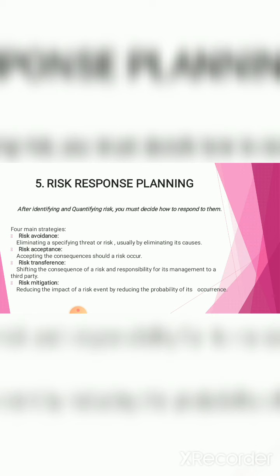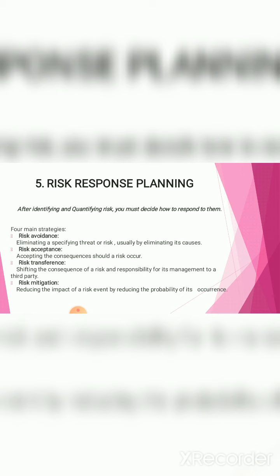Four main strategies. What are the four main strategies? Number first, risk avoidance. Number second, risk acceptance. Number third, risk transference. Number fourth, risk mitigation. Number first one is eliminating a specific threat or risk, usually by eliminating its causes.